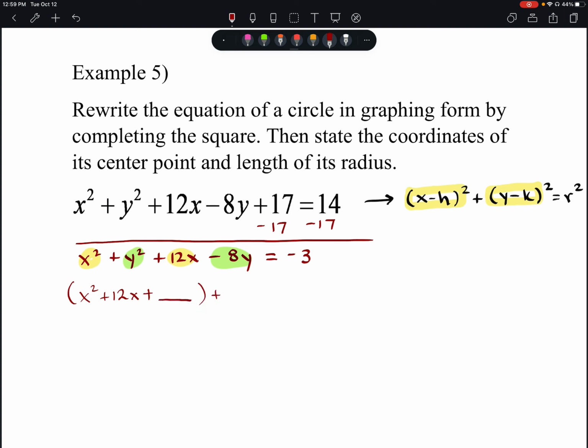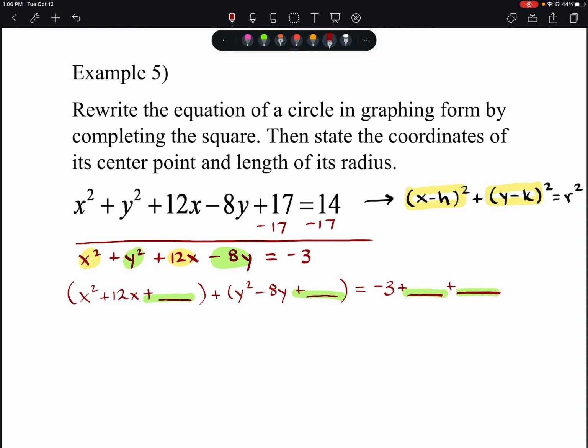And then I have plus y squared minus 8y plus blank. And we know that that should equal negative 3. And remember, if I add a blank here and a blank here, I need to add those same two blanks on the other side. So I'm going to say negative 3 plus blank plus blank.